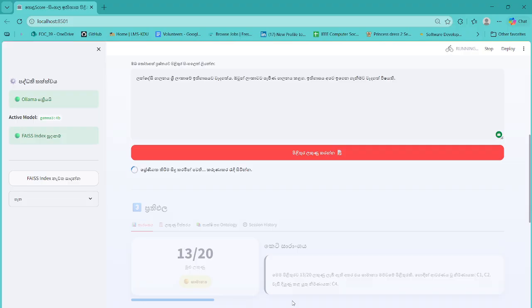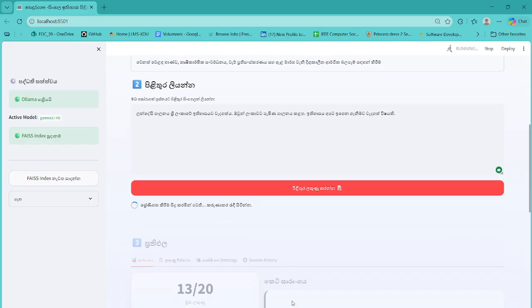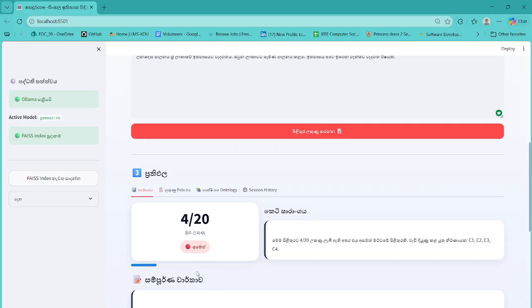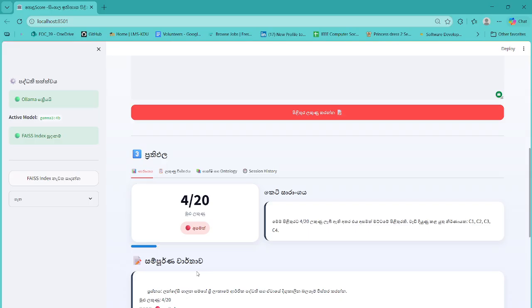Because it's obviously a weak answer. But let's see what my system decides. See, it detects this as a weak answer and it gives a fail symbol.